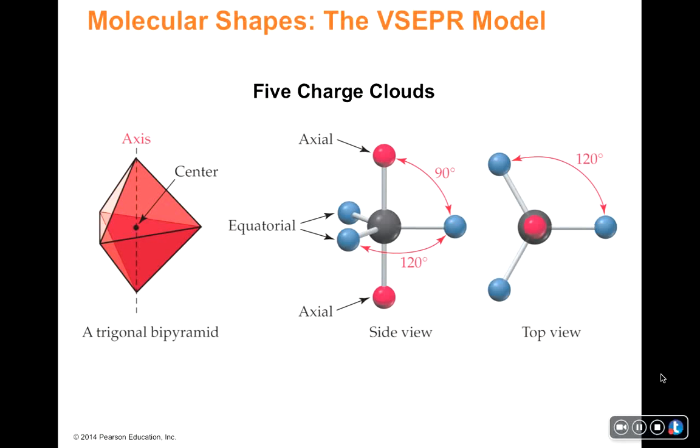So the axial positions are the ones that are pointing up and down from the central atom, and the equatorial positions point out from, if you think about drawing an equator around that central atom, they point out from the 3 positions from that central atom.